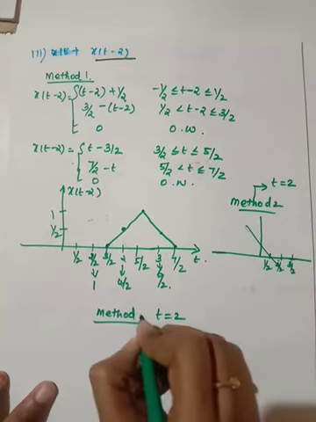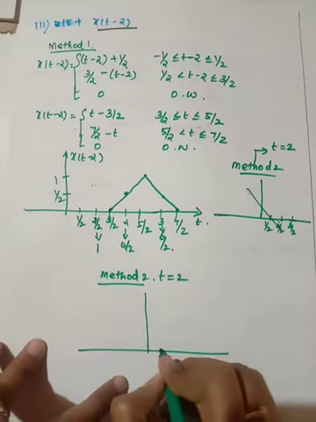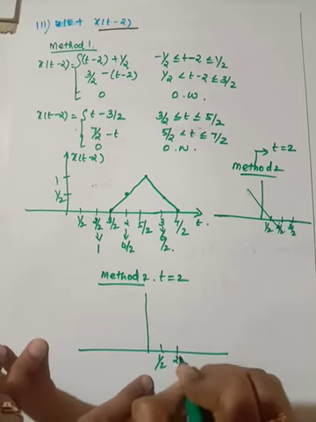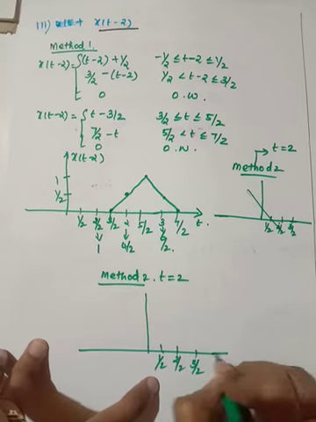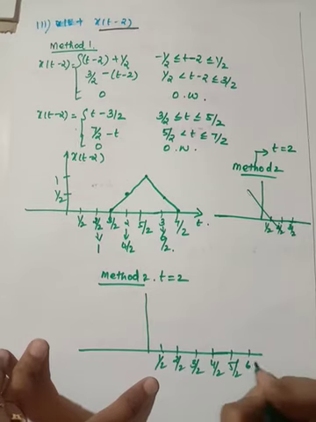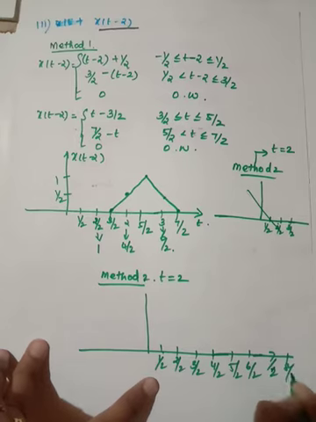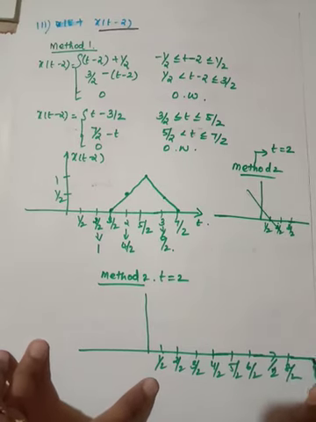Method 2, so t equal to 2. So here 1 by 2, 2 by 2, 3 by 2, 4 by 2, 5 by 2, 6 by 2, 7 by 2, 8 by 2. Okay, so this is the axis scaling.